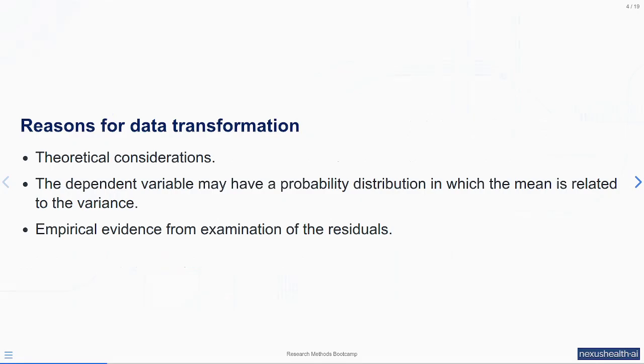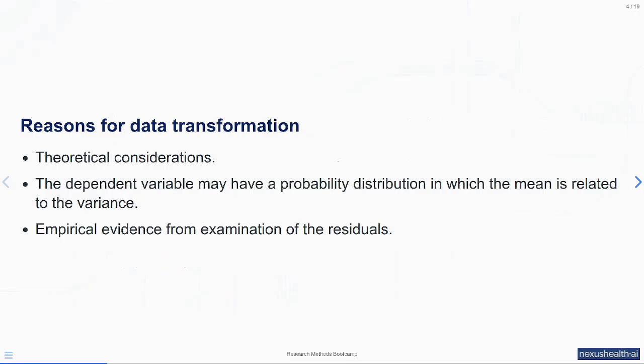We would want to carry out data transformation for theoretical reasons. It's also possible that the dependent variable has a probability distribution in which the mean is related to the variance. Sometimes, after we have examined the residuals, we may find empirical evidence which provides us reason to carry out a data transformation.